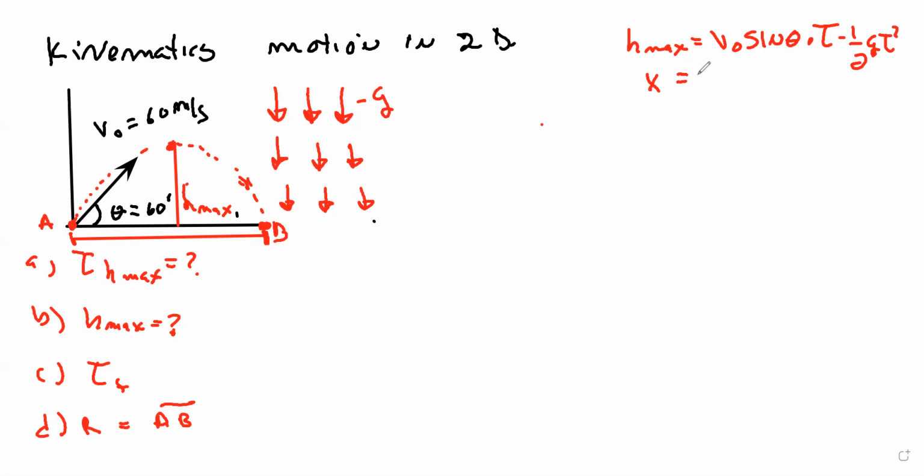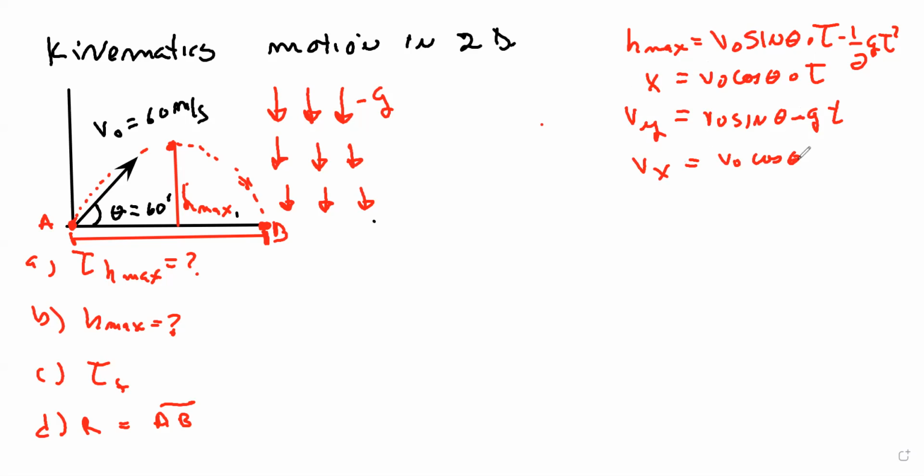X is going to be V0 cosine of theta times t. And the velocity in the Y direction is going to be V0 sine of theta minus g t. And the velocity in the X direction is going to be V0 cosine of theta.